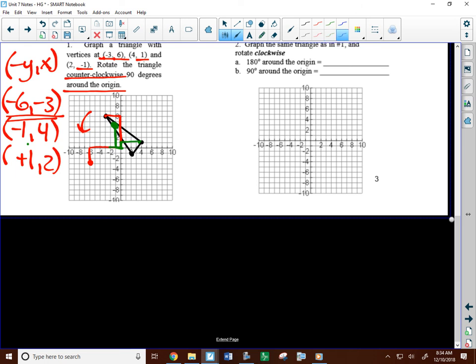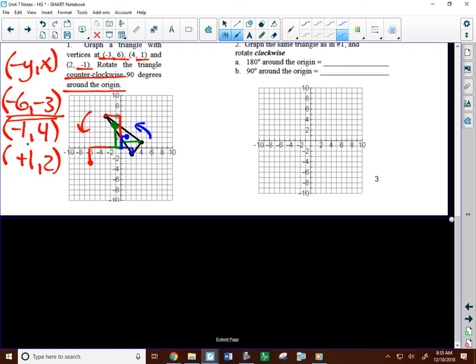And finally, this point right here, I'm going to go right 2, down 1. That was along this axis. 90 degrees would now be along this vertical one. What was it? Right 2, down 1. So I'm looking along this axis now, right 2, down 1. Yeah.